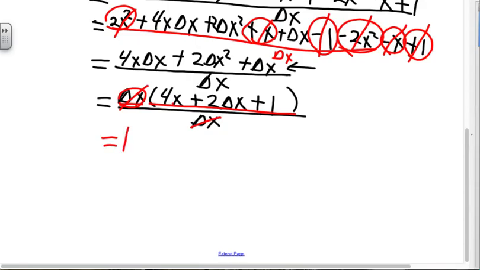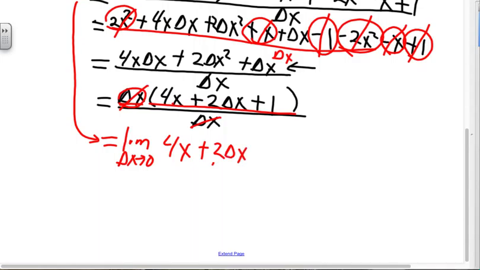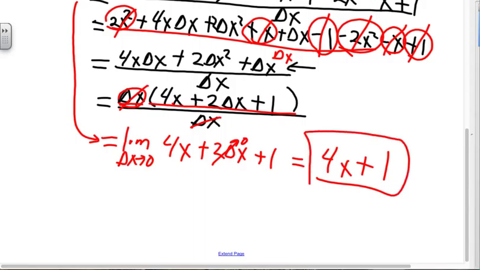So now I'm left with the limit as delta x goes to 0, and I brought it all the way down from up here, because here's the point where it's going to come in. 4x plus 2 delta x, it's going to go to 0, plus 1. So my derivative now is 4x plus 1, and that is your derivative.